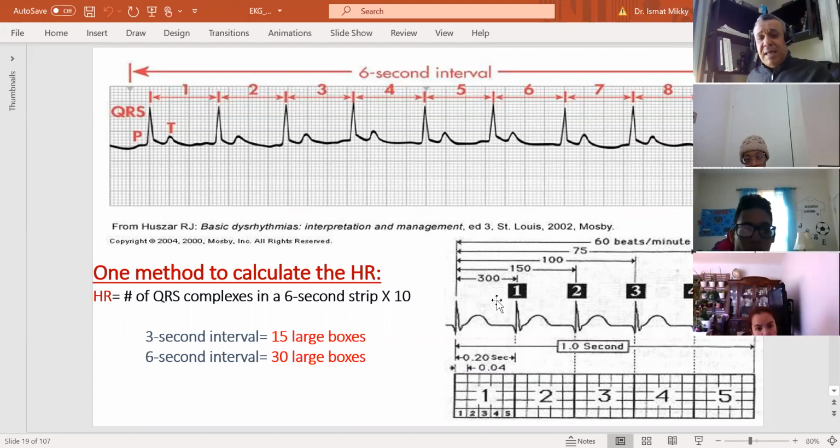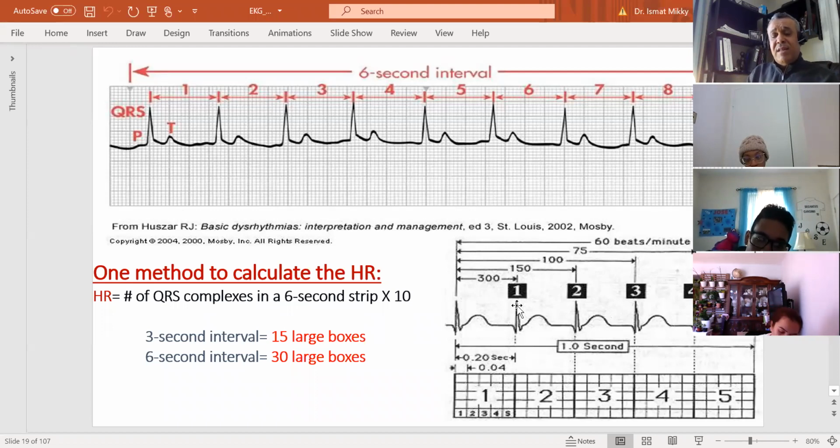The other method is the large box, from R wave to R wave. When the distance from R wave to R wave is very close, the patient will have tachycardia.